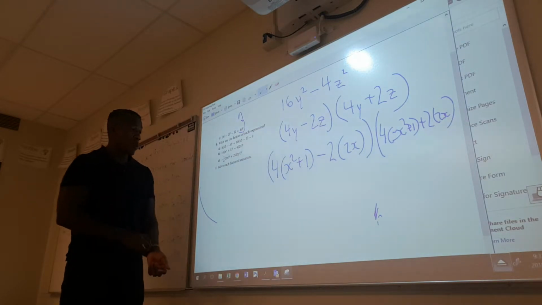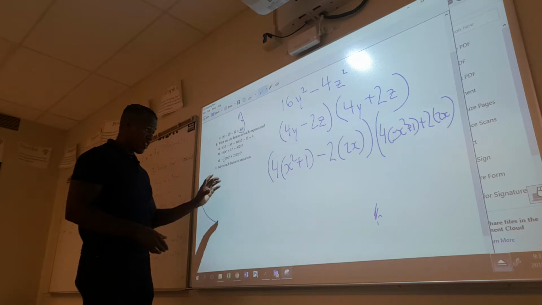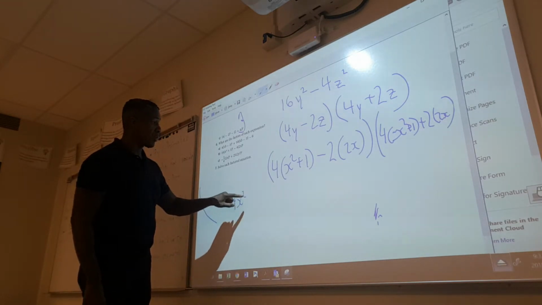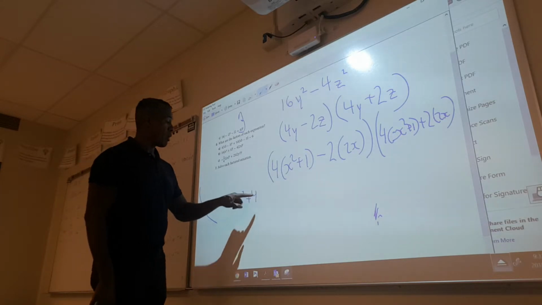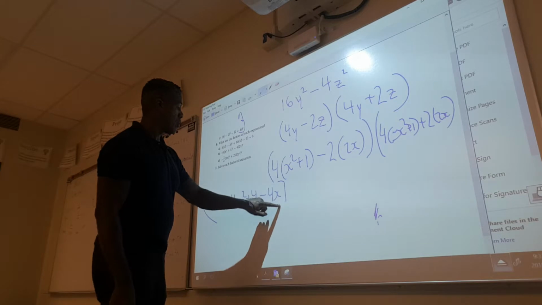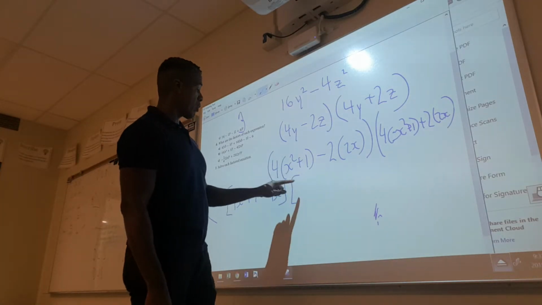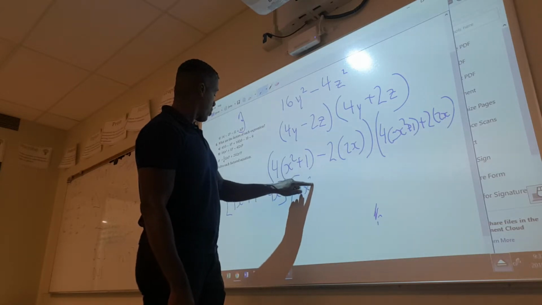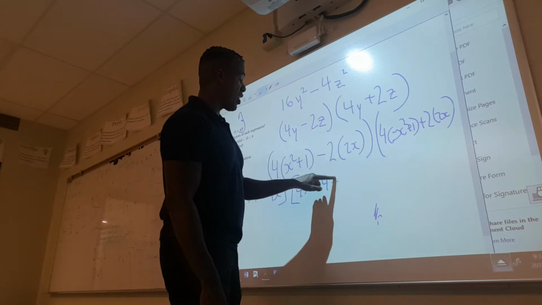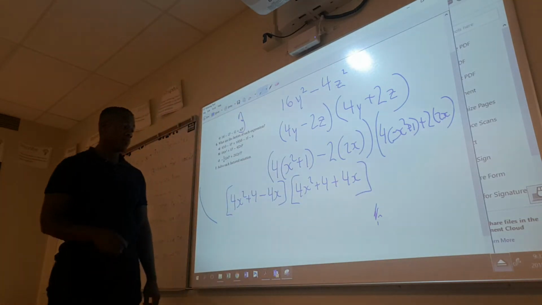Then we use our distributive property and multiply in. I'm going to shift it over a little bit. So then we're going to get 4x squared plus 4 minus 4x. We'll clean that up in a second. And over here we're going to get 4x squared plus 4 plus 4x.